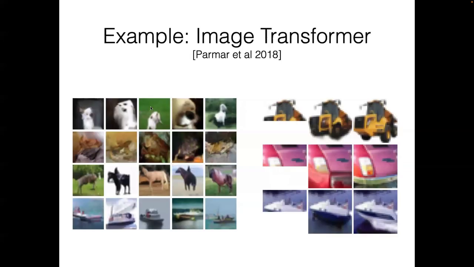Then the same idea was attempted with transformers, and here is the Image Transformer. Here are some full samples from the model. Maybe they're starting to look like, I don't know, dogs or horses or boats. Again, you can give it part of an image and then it goes in this row by row order of generation and can fill in the gaps.